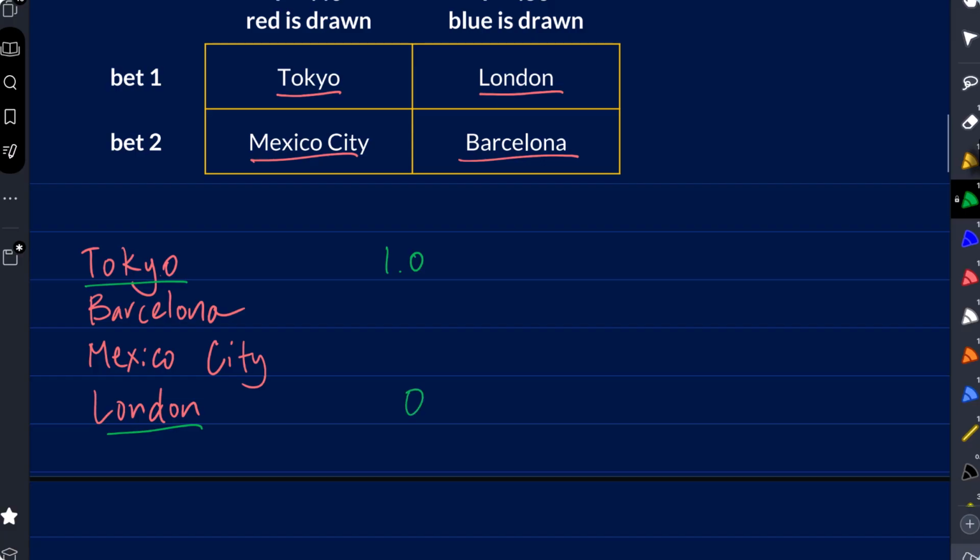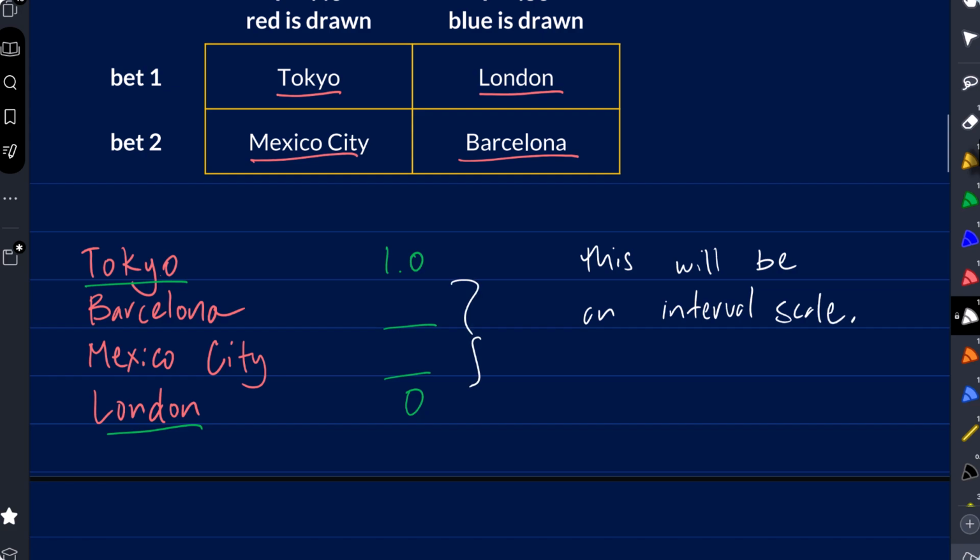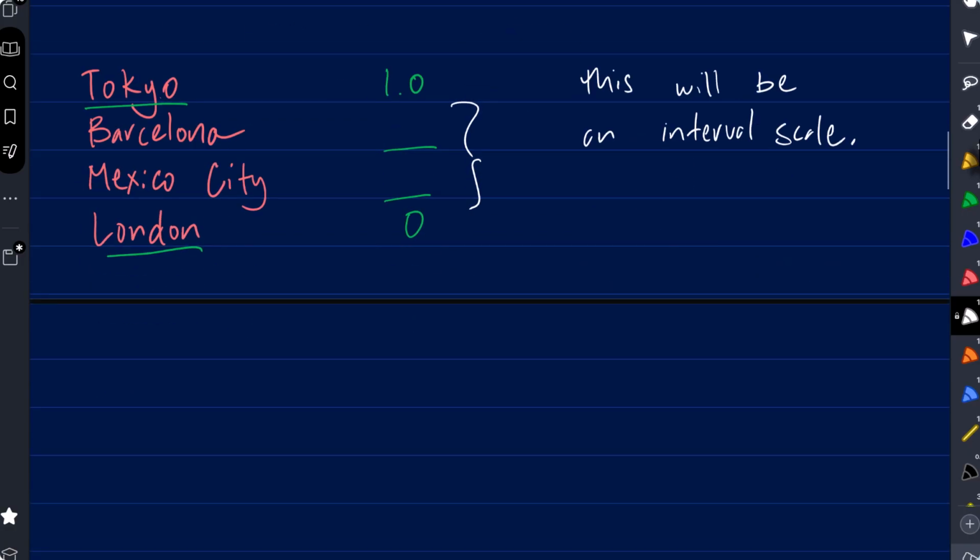Then our task, and this takes a little bit of work, is to figure out what the utility values will be for the ones in the middle, in this case, Barcelona and Mexico City. So how do we set these values? We'll start with the one for Barcelona.